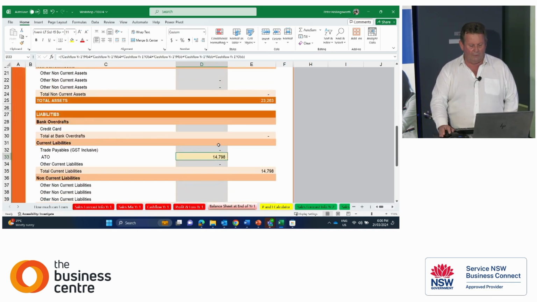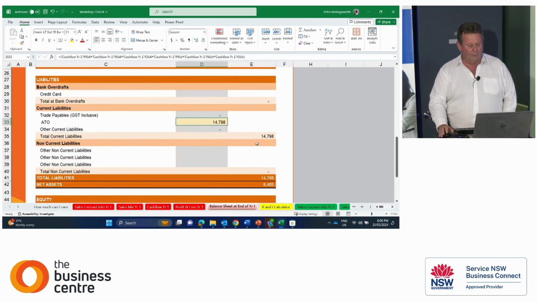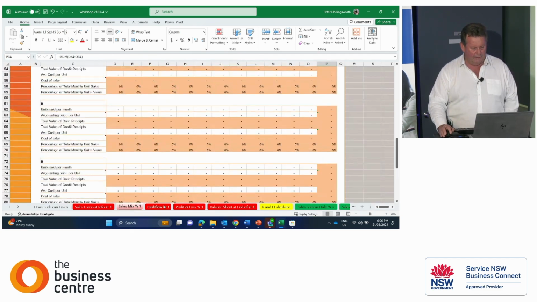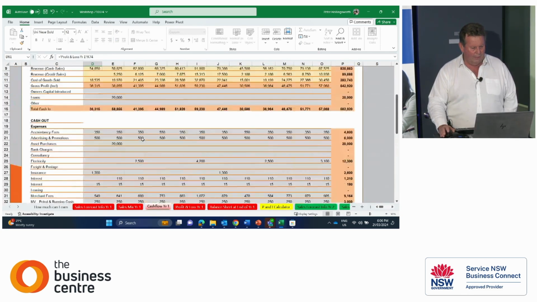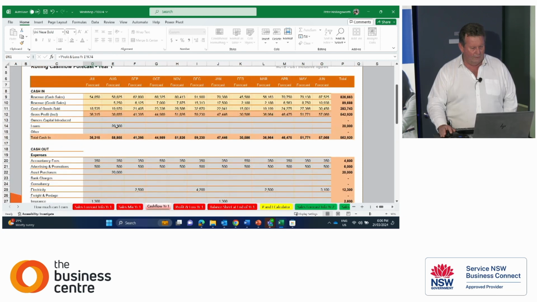However, we owe the tax office some money in respect of the last quarter of trading, and we also had a loan which needs to be put in, so I need to go back and have a look at that, don't we? So up here we said that we had $20,000 that we borrowed, but we've repaid a portion of that in this first year.